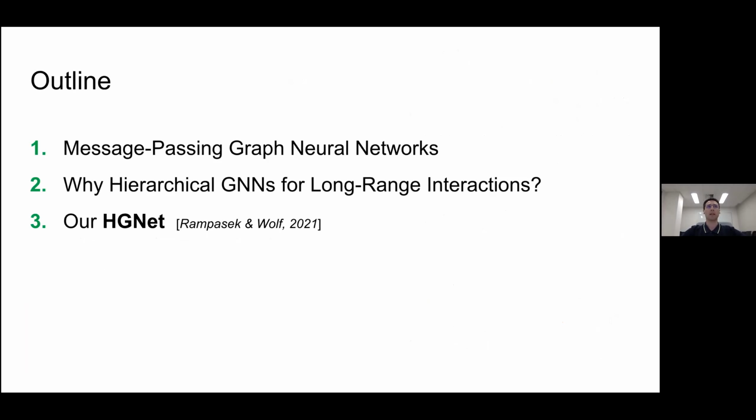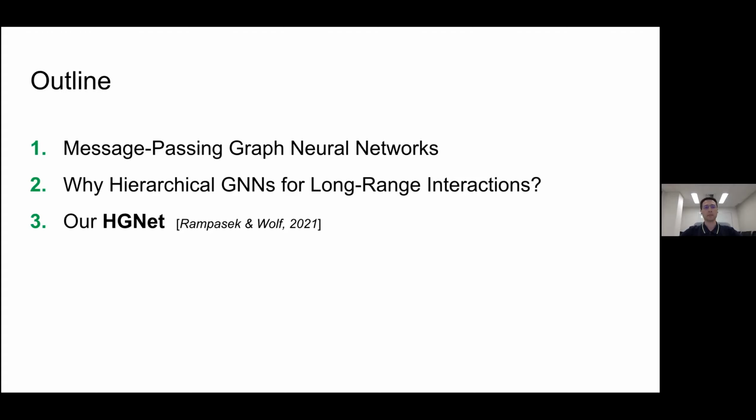So first, I'll introduce the standard message passing graph neural networks very briefly. And then I'll show why we might need hierarchical graph neural networks for long-range interactions, and why the standard message passing GNNs have difficulties representing long-range interactions.